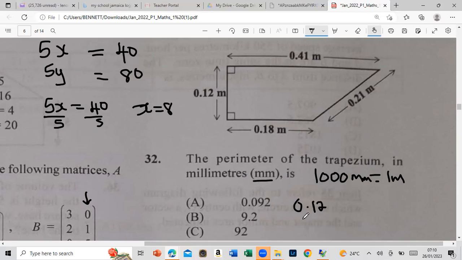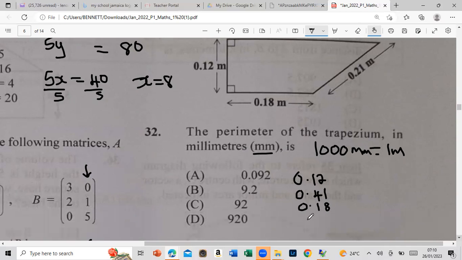Perimeter means the total distance around. This is a very nice question though. Our prep students will be paying attention to this because we're going to do this too. And then 0.21 conversion. Let us add this and then we can times it.